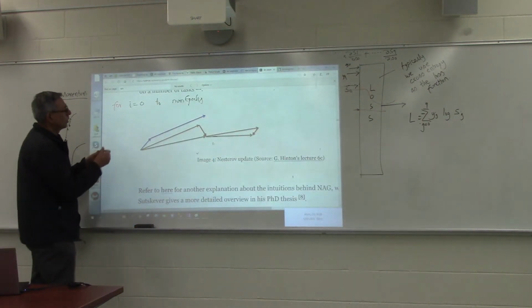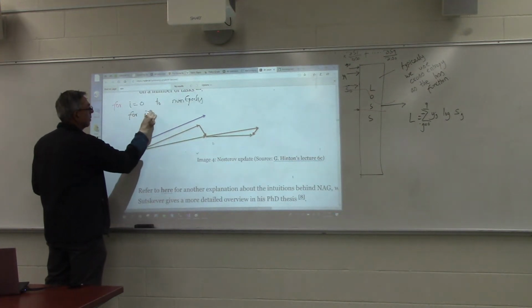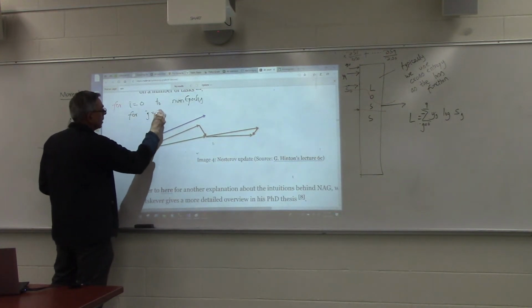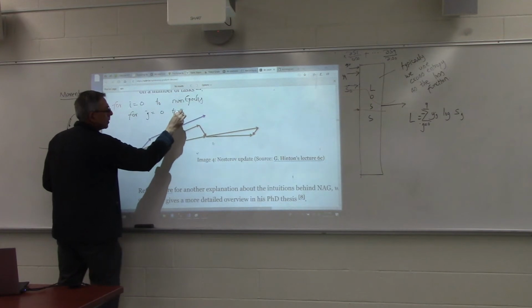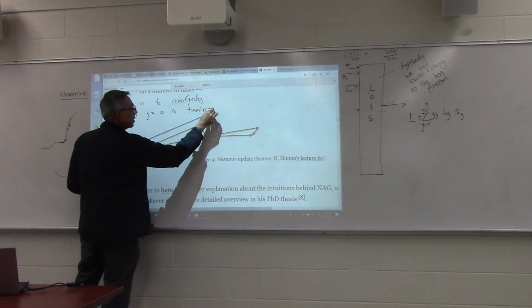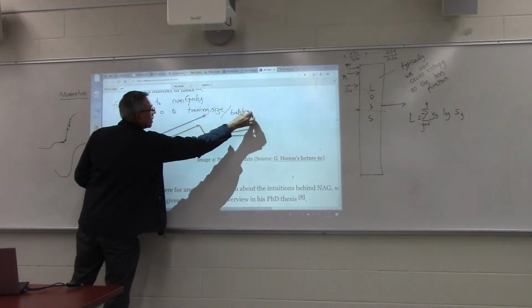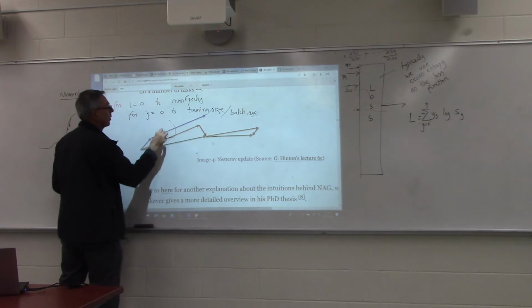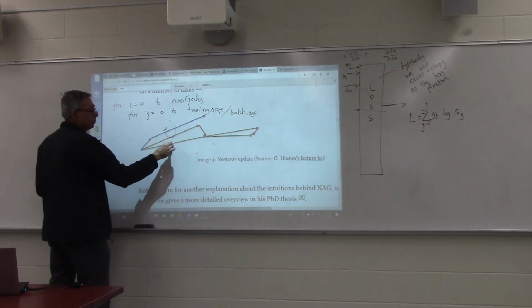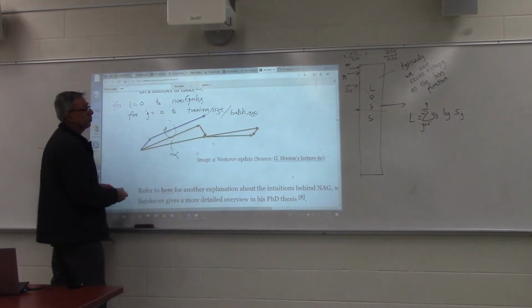Then we go for j equal to 0 to training size divided by batch size, and over here, based on our learning rate, we keep adjusting the weights.